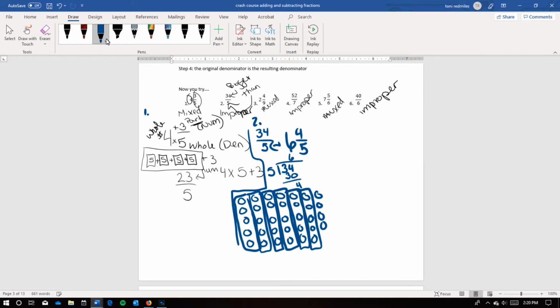Drop down my 4. This is my whole number. This is my part, the part that's left over, or the numerator. And this is the denominator, or the whole amount that makes 1. Okay?